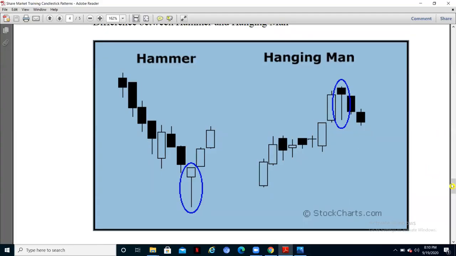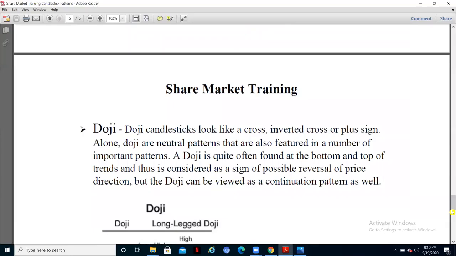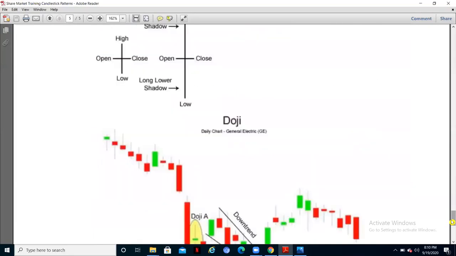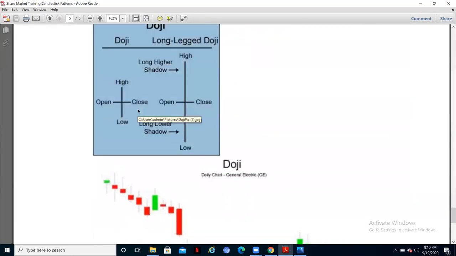And the last one is known as a doji. You can see this is what a doji looks like. It is a plus sign shadow without any candle's body. That is, in a doji, we are not having the candle's body. This is a proper doji. That is because the open price and the closing price of the stock is the same.